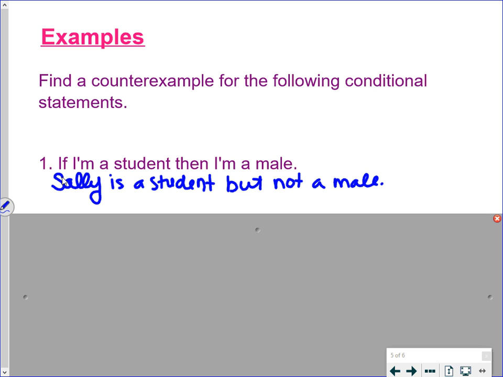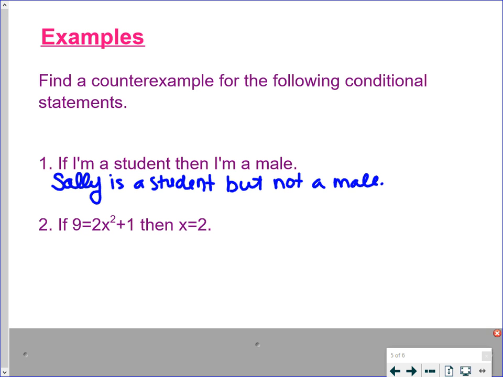So we're finding something that makes the first part true, but the second part false. So if we don't have the same truth value for a conditional statement, then we can prove that it's not a true statement. We're finding a counterexample, something that's proving it's not true.